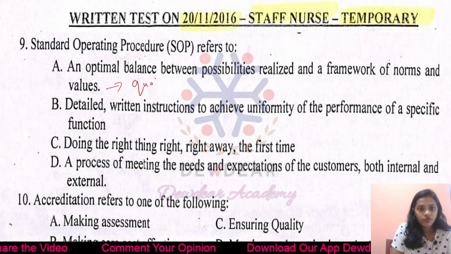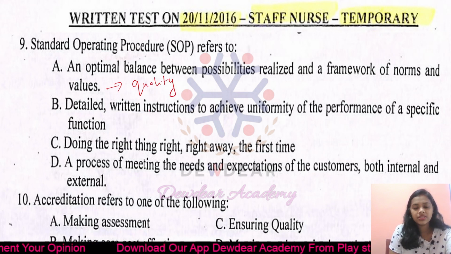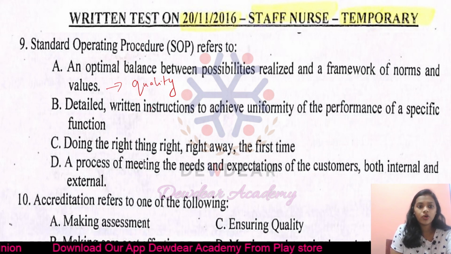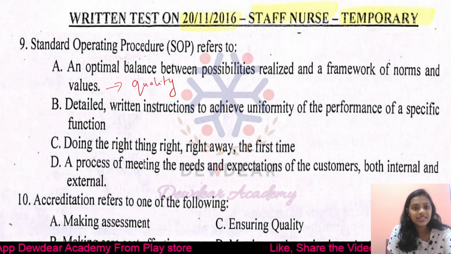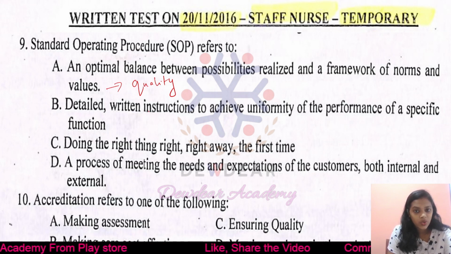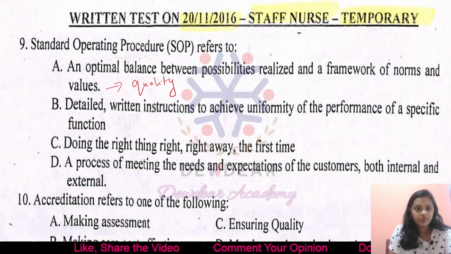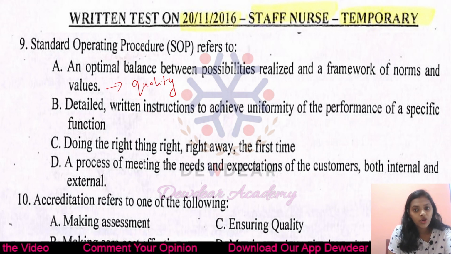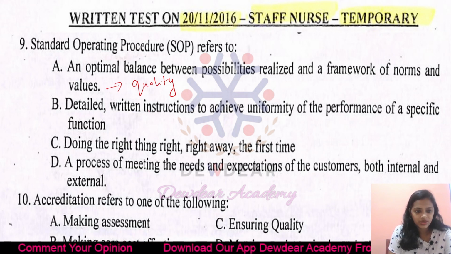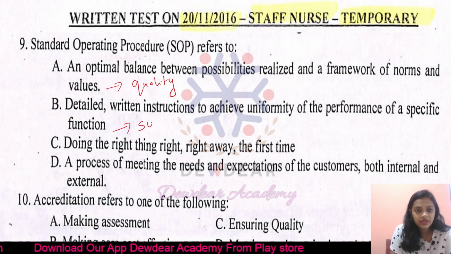The definition of quality is an optimal balance between possibilities realized and a framework of norms and values. Now we move on to the second option, detailed written instructions to achieve uniformity of performance of a specific function. That is known as SOP, Standard Operating Procedures.